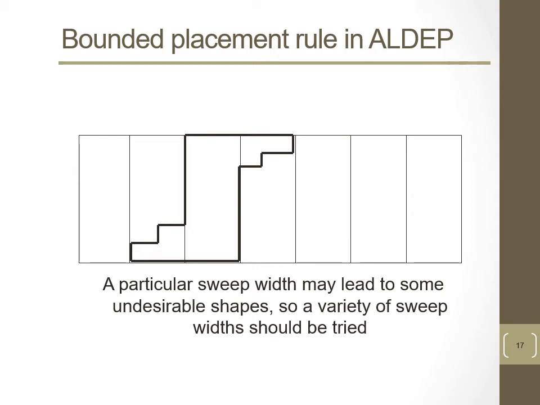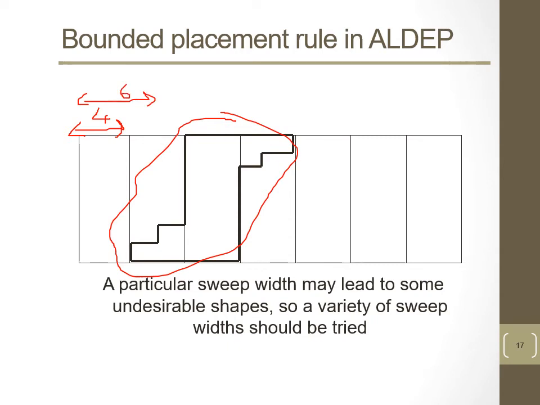But the resulting departments in ALDEP depend on your sweep width. If your sweep width is this much, then you may end up with such a shape. The sweep width, the width of this lane, is given by the user. Instead of using a sweep width of 4, you can use a sweep width of 6.